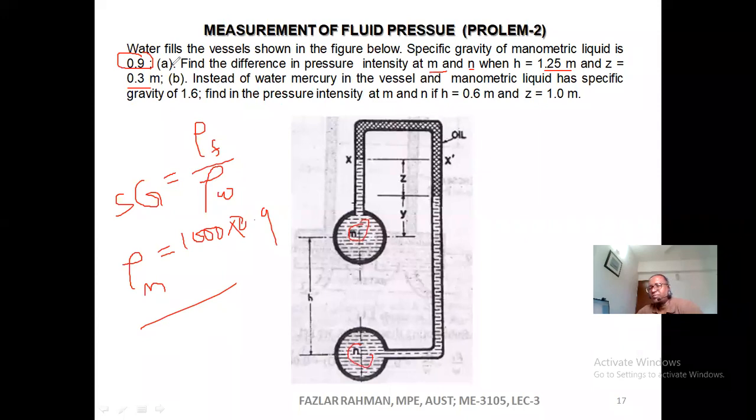This is one problem. Second problem, instead of water, if there is mercury in the vessel and the manometric liquid has specific gravity 1.6, then what will be the pressure difference? If H equals 0.6, Z equals 0.1.